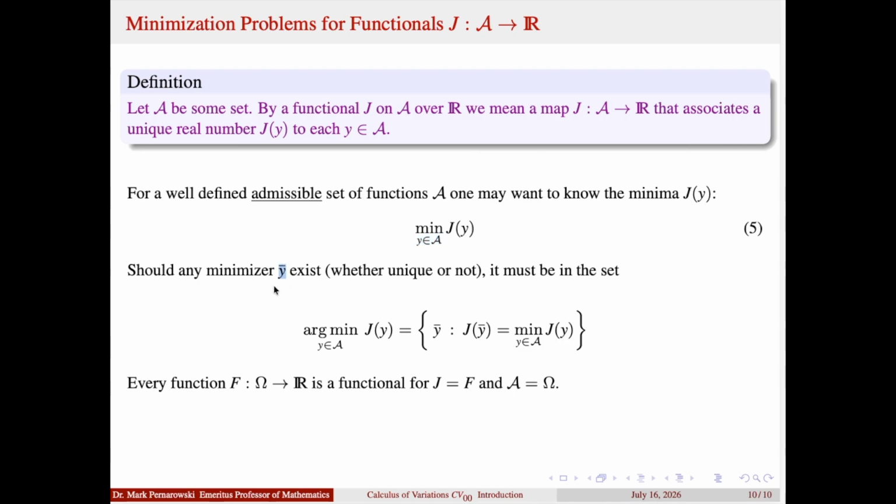If there is a minimizer, meaning there's a y that I put in here that attains this minimum, then that's going to be called the argmin. Technically, the argmin is the set of all minimizers. So there could be more than one, but it's the set of all y bars that actually attain the minimum value of J over the set A.